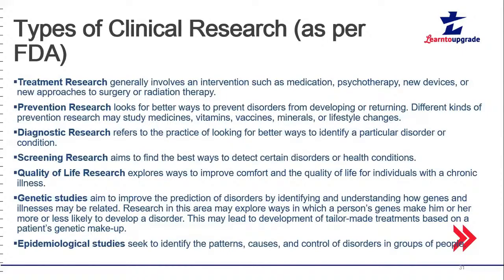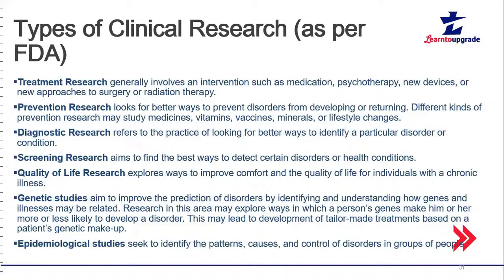Quality of life research explores ways to improve the comfort and quality of life of individuals with a chronic illness. I hope you have all seen that in the newspapers, on the last or second-last page before the sports page, where the science section comes. Sometimes there are articles saying you have to consume these vitamins every day, or you should not smoke more than this much, or drink alcohol, showing how your life is going to be affected in the long run, or your quality of life.